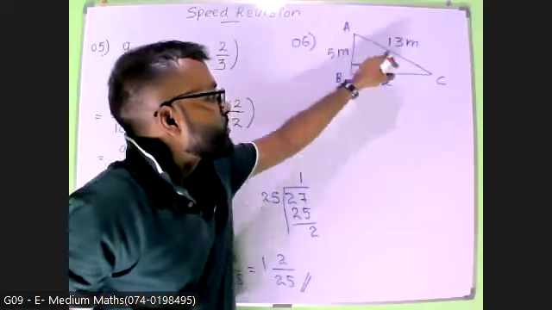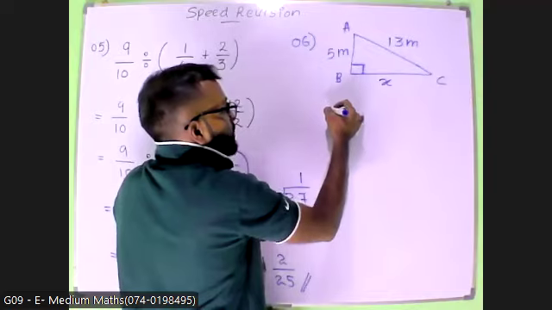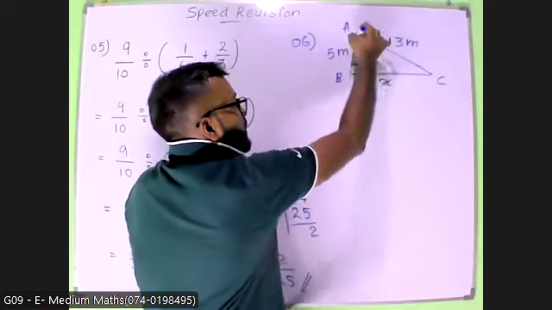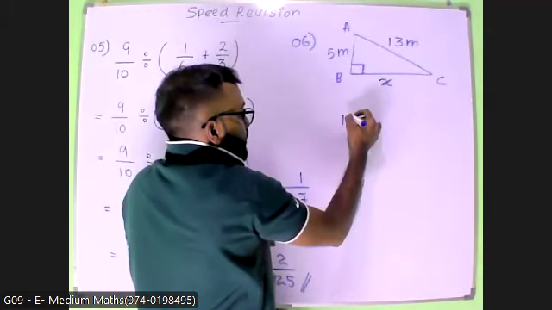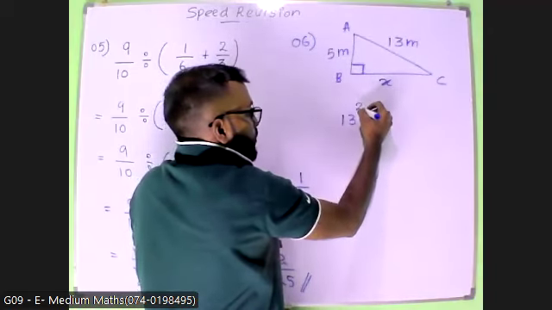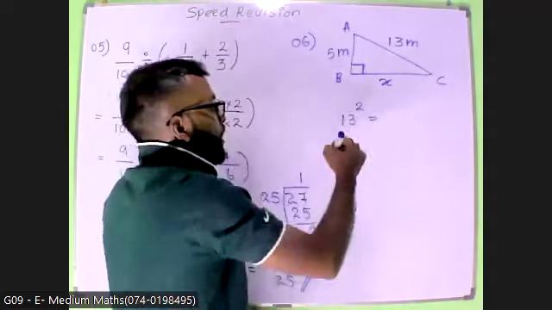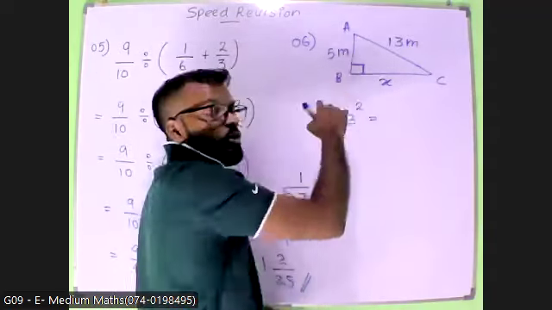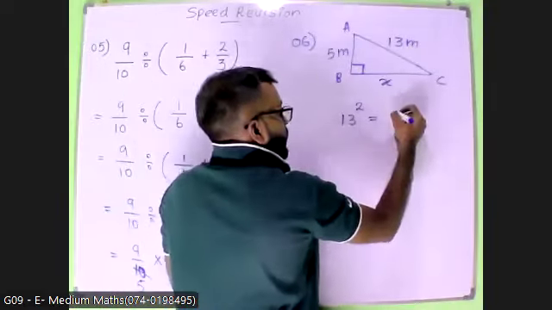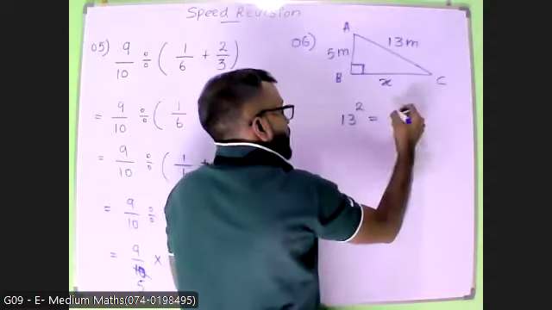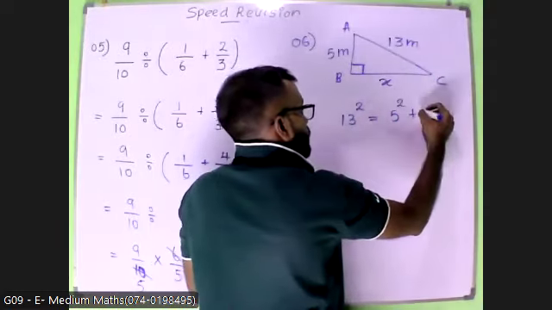So you can apply your Pythagorean relation beginning from here. 13 to the power 2, 13 square, equals the summation of the squares of the other two sides. So this side is 5, so it is 5 to the power 2 plus x to the power 2.